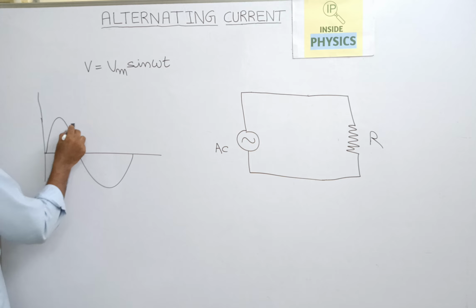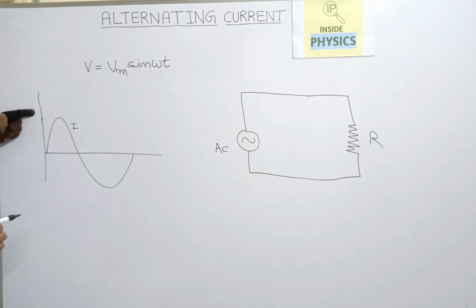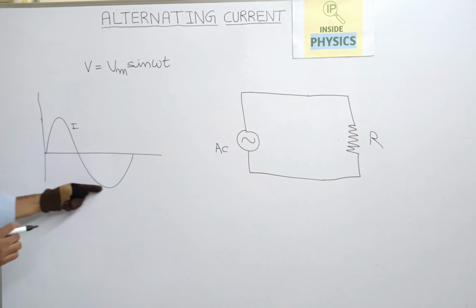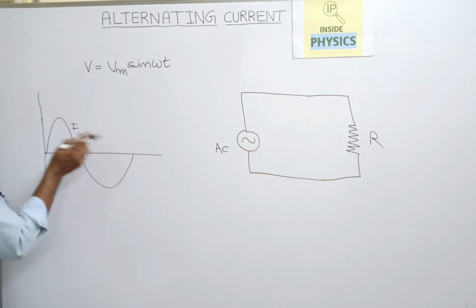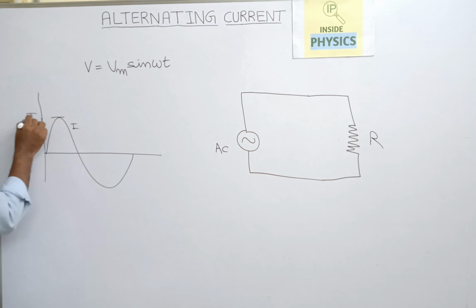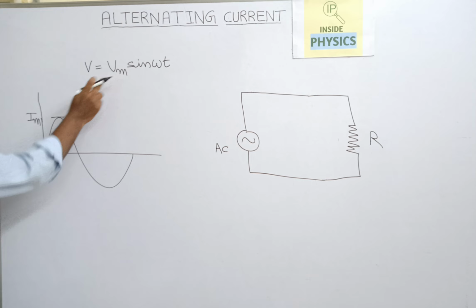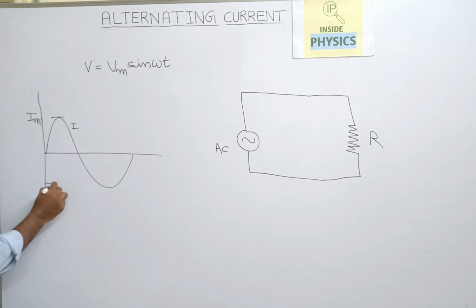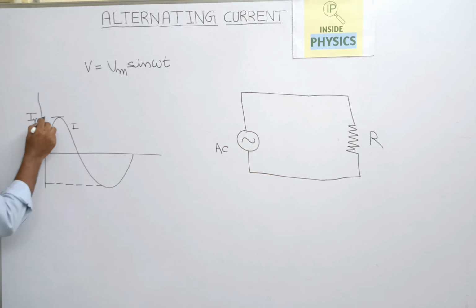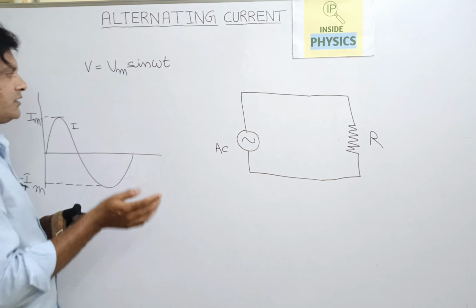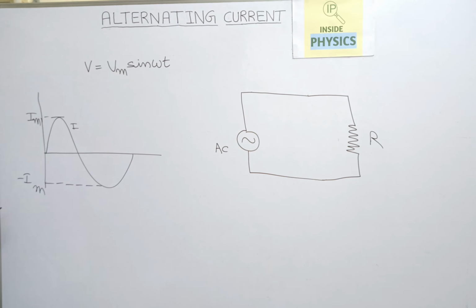If this is the current showing, the change in direction means in the positive side it has minimum and maximum value, again it comes to the minimum, and in the negative side also there is a maximum value, and here this is Im, the maximum. On the other side, in the opposite direction, this is called minus Im. So this is how the current will vary because of the change in its direction. We can show it like a sine curve.